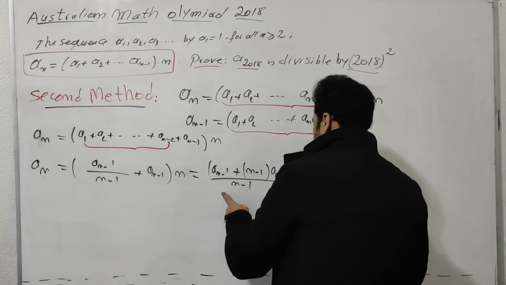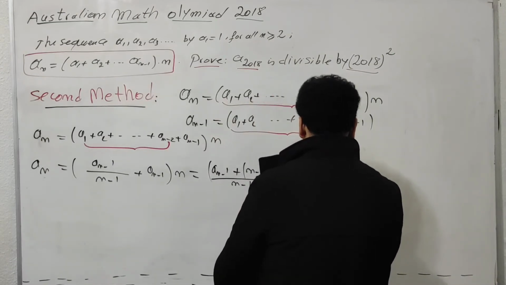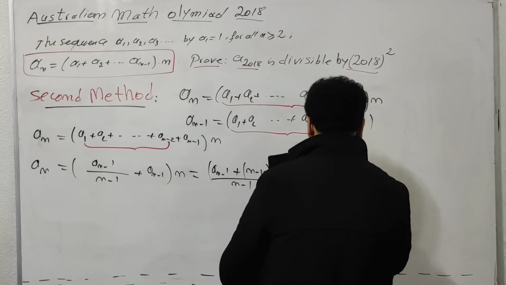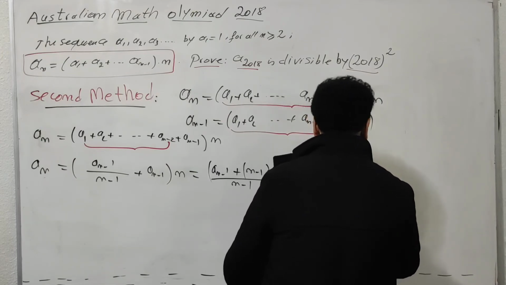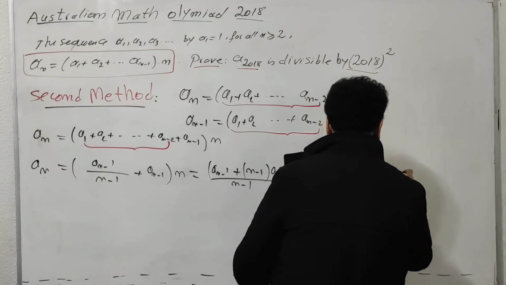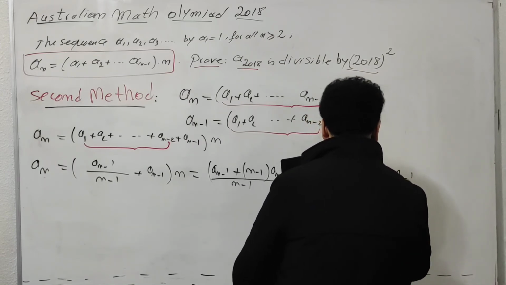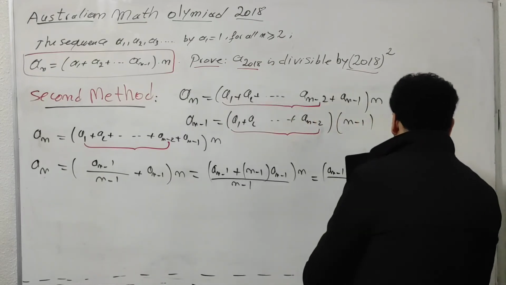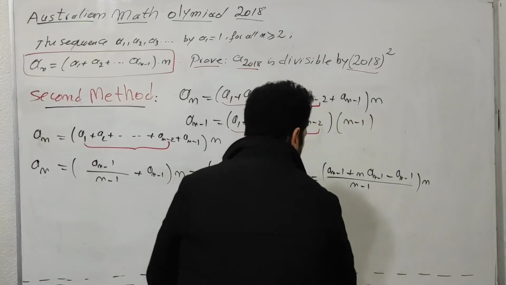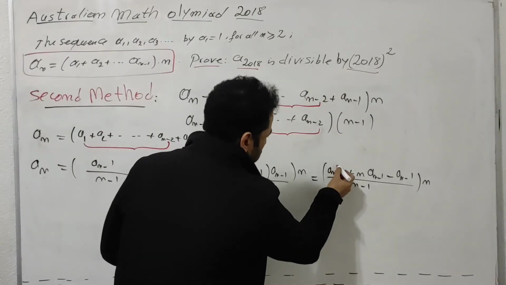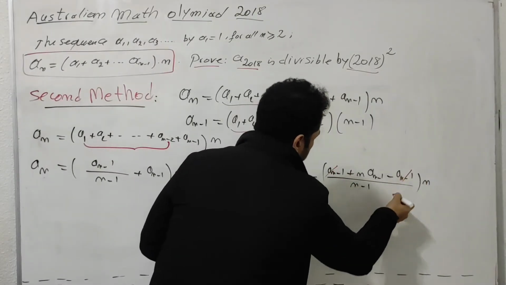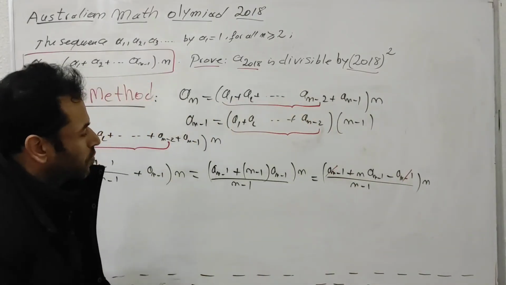So by simplifying this one, I will get e sub n-1 plus n multiplied by e sub n-1 minus e sub n-1, over n-1. The entire thing is multiplied by n. Okay. So this term e sub n-1 will be cancelled out with e sub n-1 because one is positive, the other one is negative.